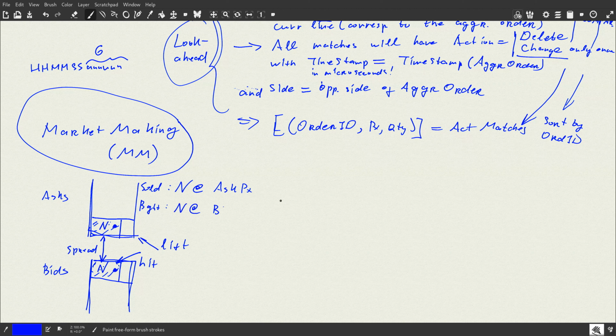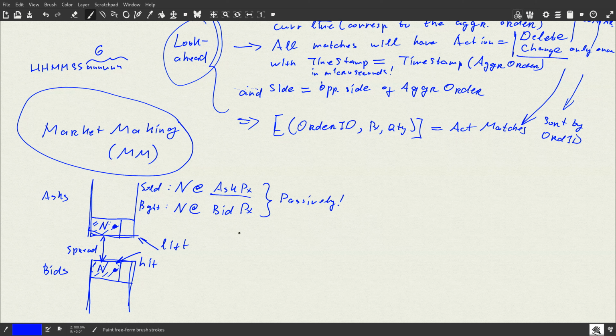Why? Because we did it passively. We are not aggressors. We are market makers. We ourselves do not enter aggressive orders. We do not cross the bid-ask spread. So we placed our order to sell at ask, and eventually it is lifted by an aggressor. So we sold at this ask price and bought at bid price.